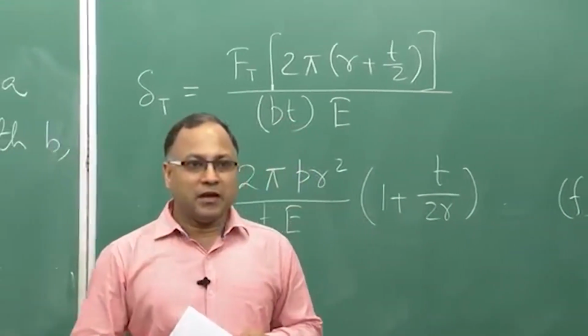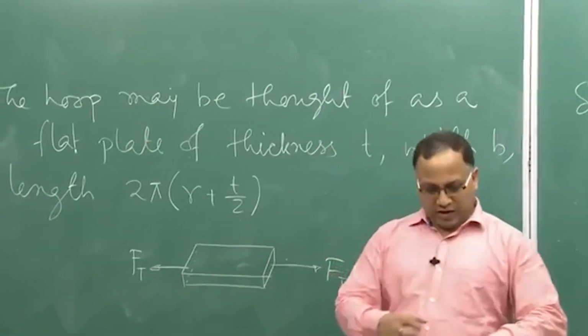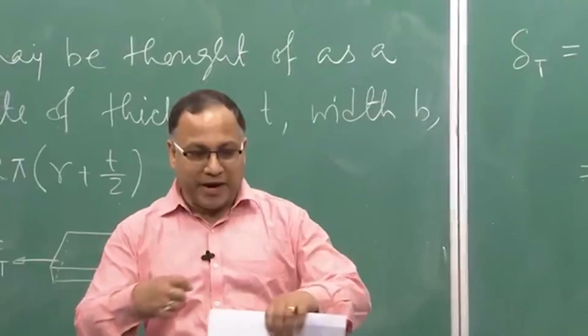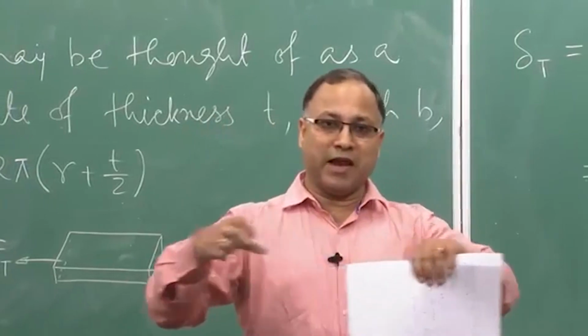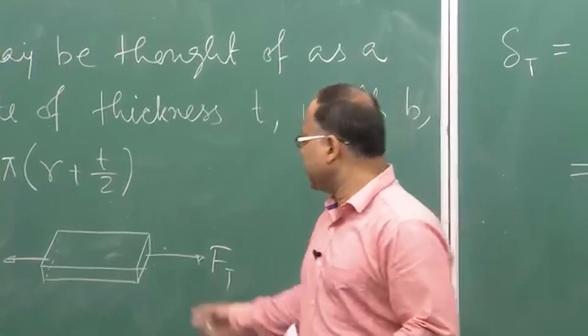Now, what we have done? We have cut the hoop, we have stretched it out, we have made the hoop a flat plate, and that flat plate is under the action of this tensile force F t.